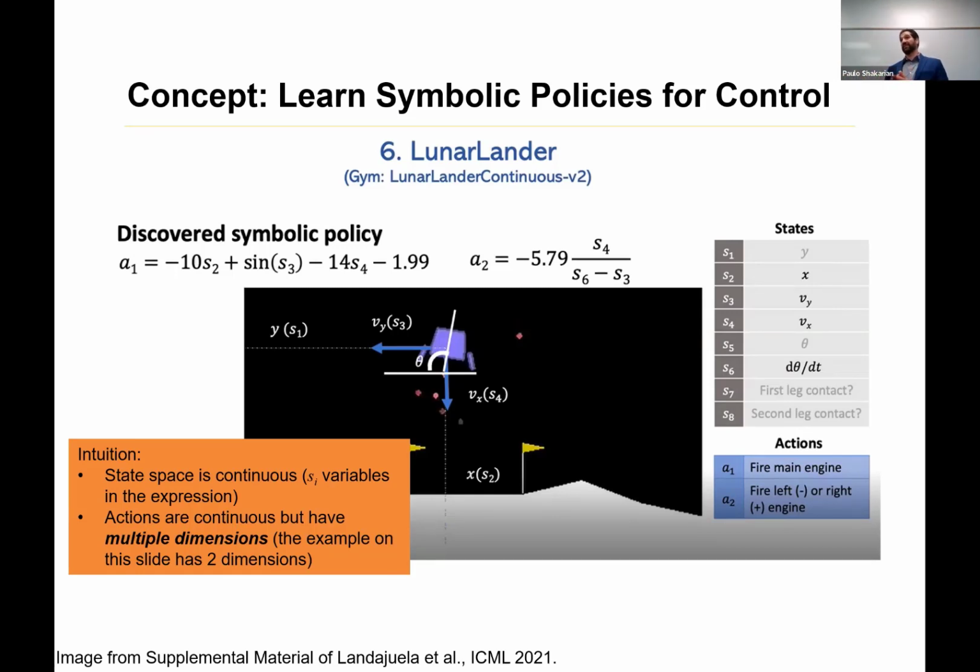And based on those values, in this case, this little lunar lander is going to take some action that here consists of two scalar values, A1 and A2. One is like, I think, a thrust and a yaw or something like this. So in order to make the lunar lander do the right thing, it's responding to its environment, which is those S1 through S8, and A1 and A2 is this reaction to that, and those are the formulas there.